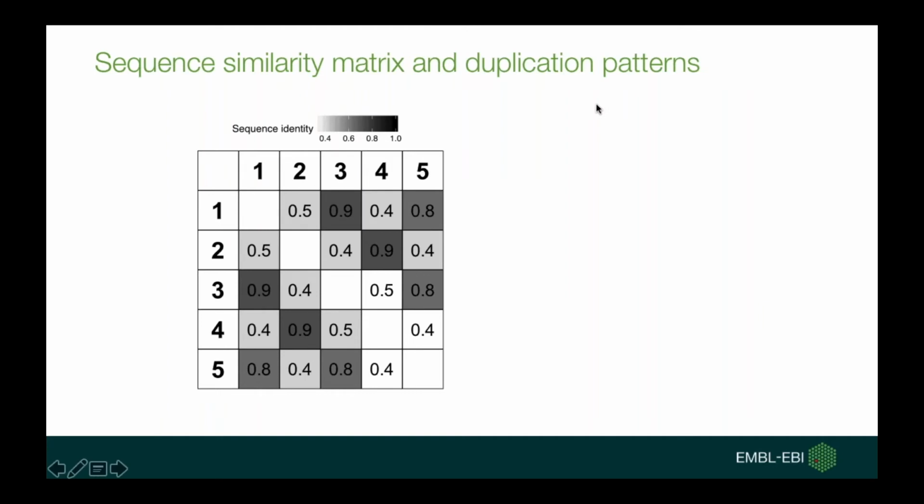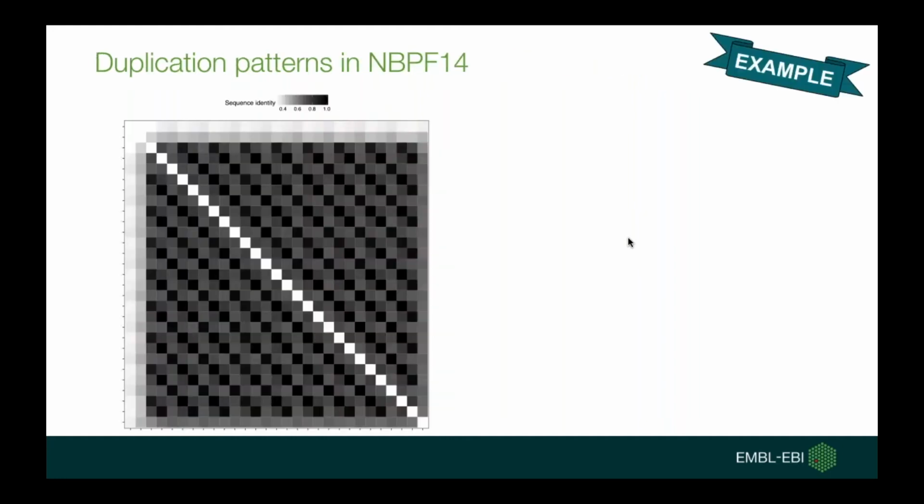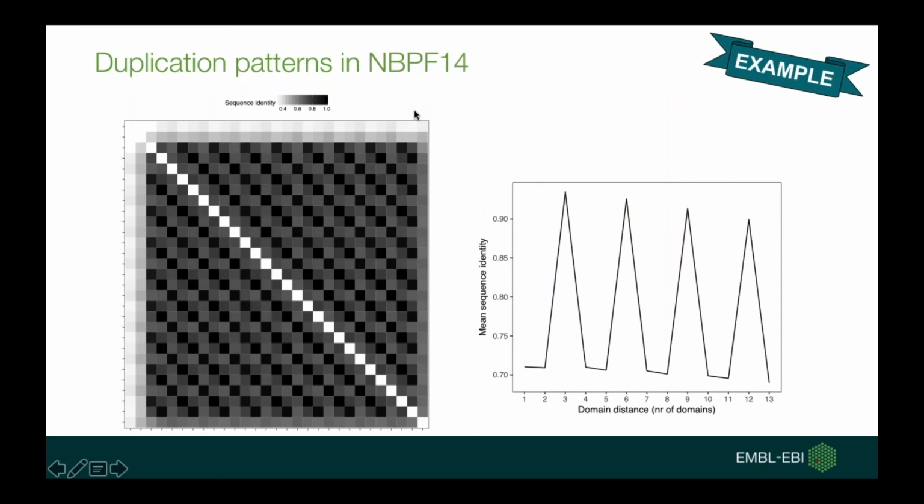So this is just another way to see how the colors in this sequence similarity matrix represent the similarities between the domain repeats. And if we apply this analysis to our protein, a nice pattern is revealed, which is the same as the one in the other protein: every 3 domains, so the duplication events were coming from 3 domain units.